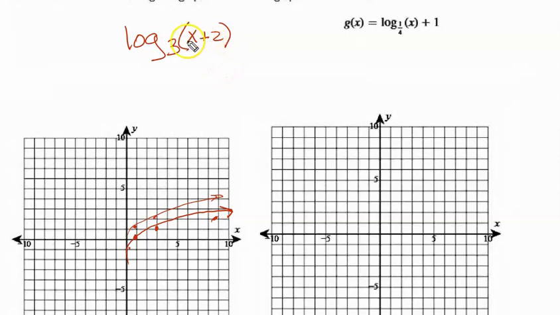Well, again, since now this is in parentheses, this is going to shift it to the left 2 units. So instead of going here, it would go over 2 units and would come up like so. All right, just to give you an idea, and again, you'll have your practice, and hopefully this was helpful.